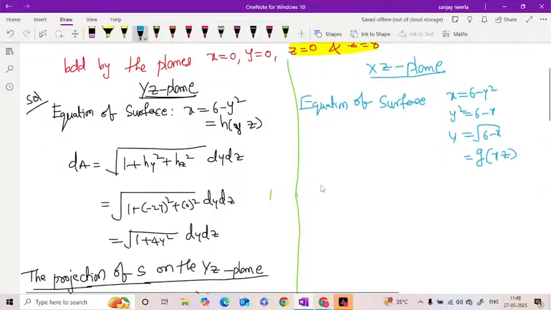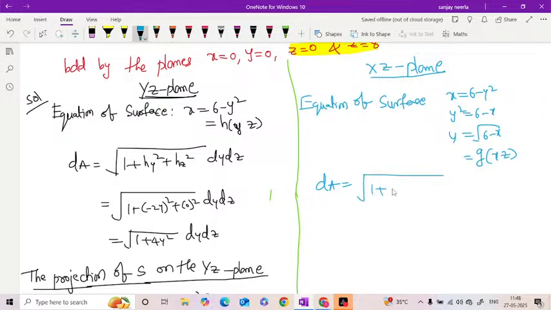And what is the dA here? dA is equal to under root of 1 plus (g x) whole square plus (g z) whole square into dx into dz. Now just differentiate with respect to x.